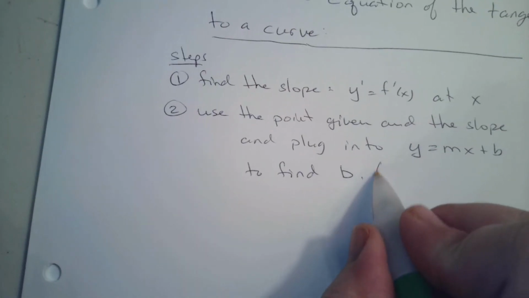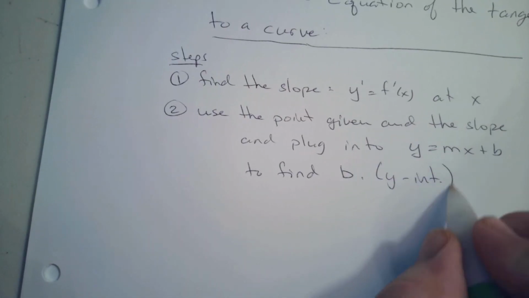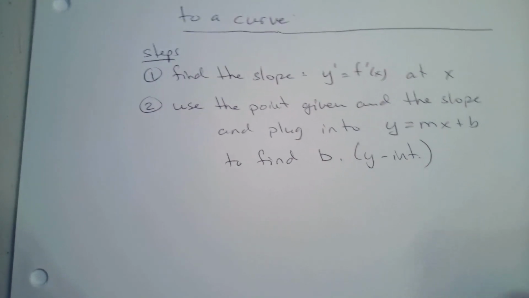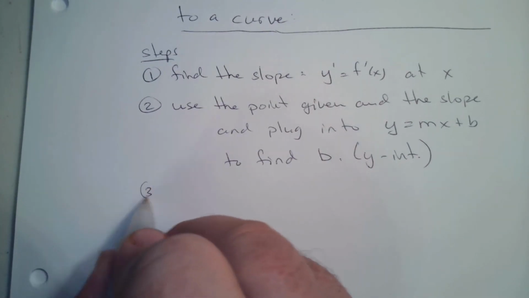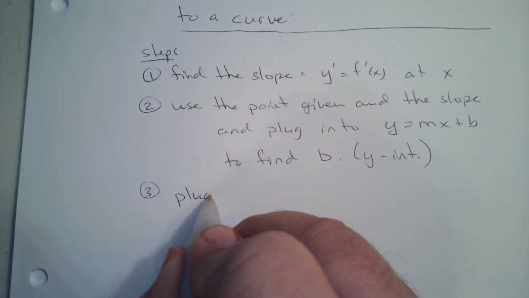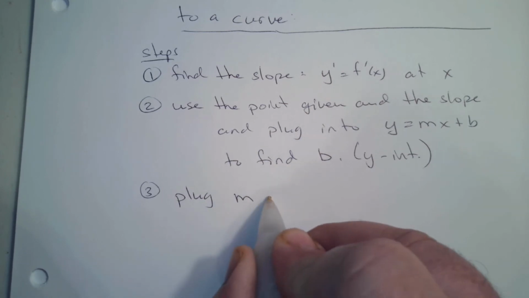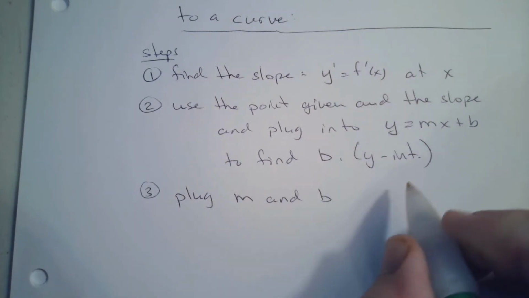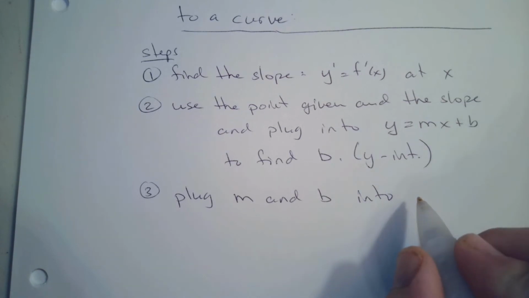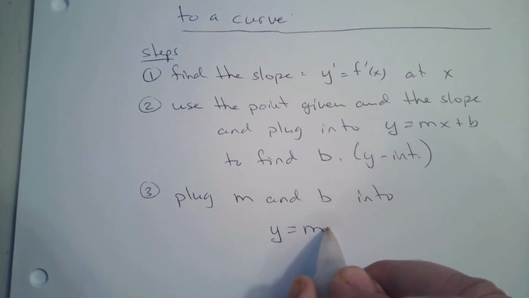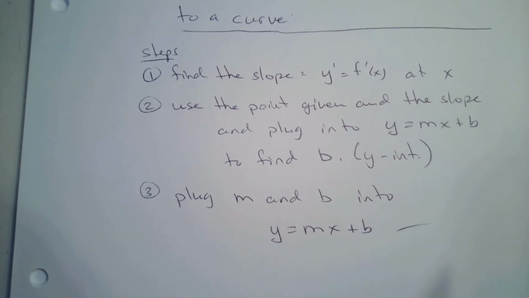Remember, b is the y-intercept. Then plug m and b into y equals mx plus b, and you're done.